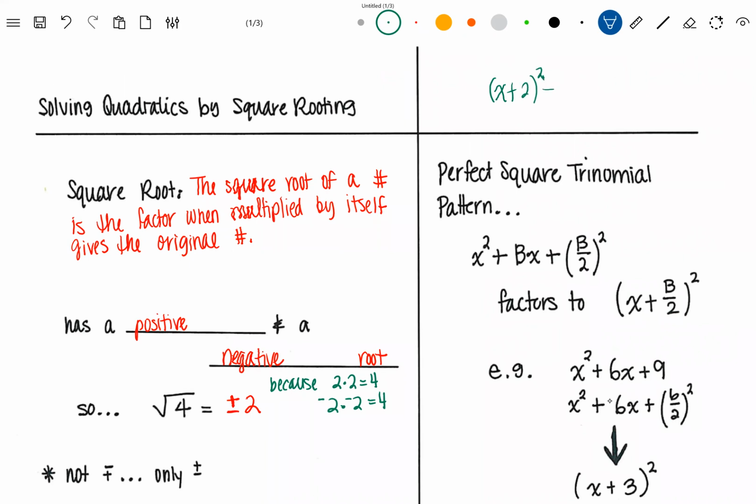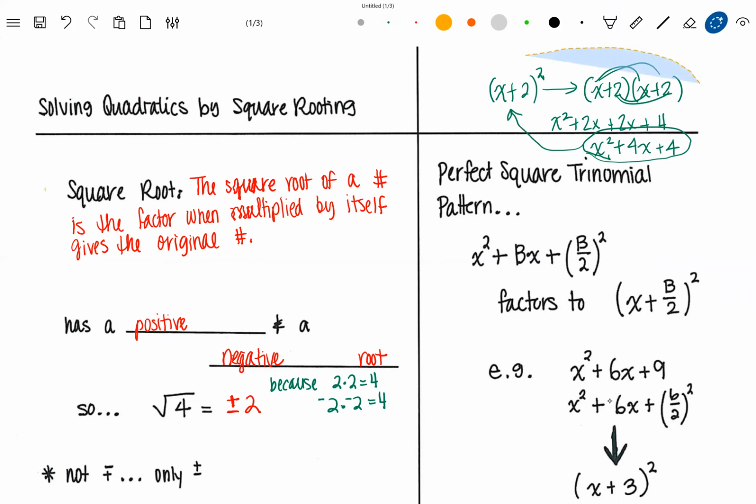And I said you had to expand on this before you distributed. So you had, that's x squared, that's 2x, that's another 2x, and that's 4, and then when you combine, you got x squared plus 4x plus 4. This right here is called a perfect square trinomial because it can be written like that.